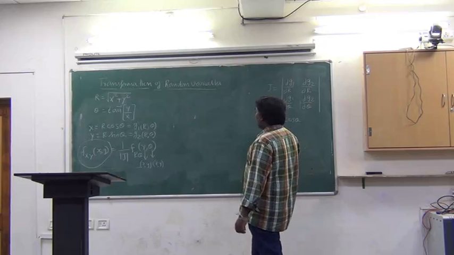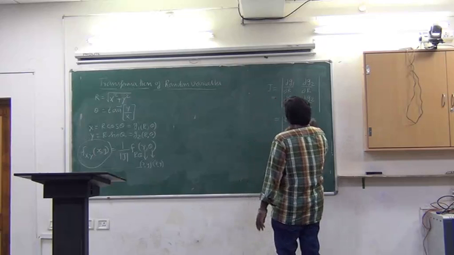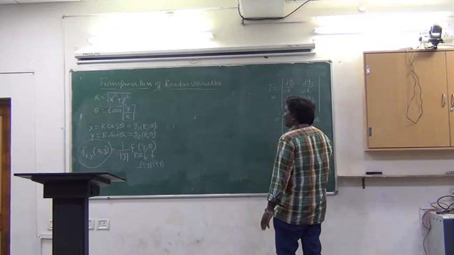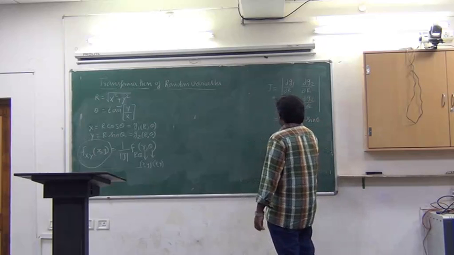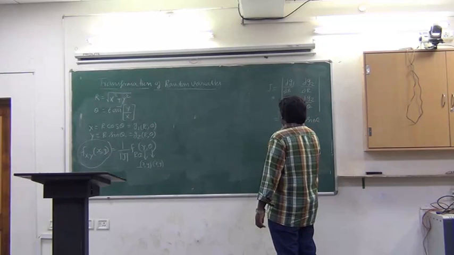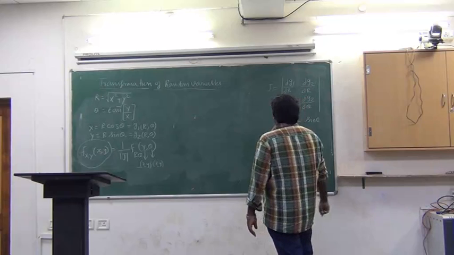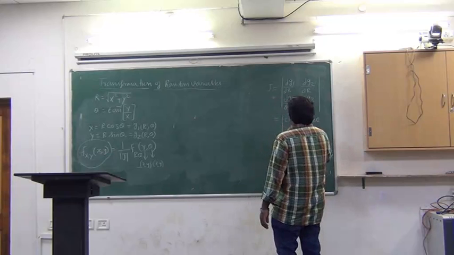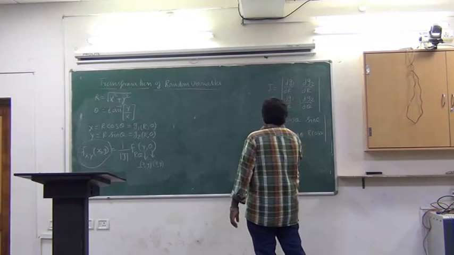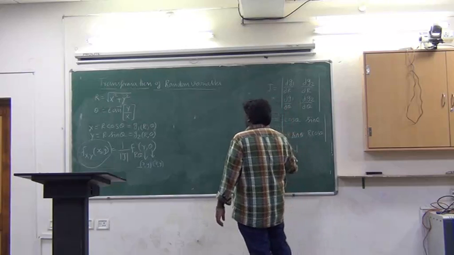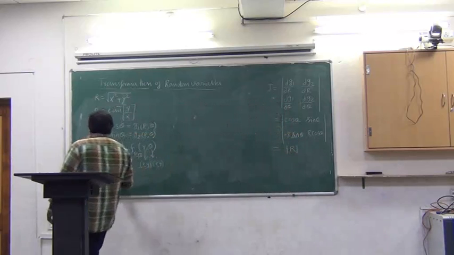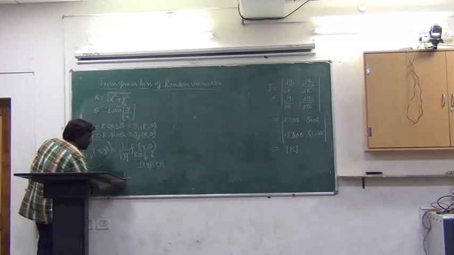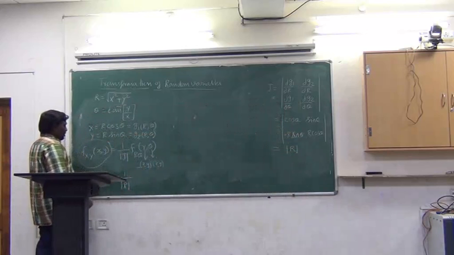Differentiating g2 with respect to r is sin theta. With reference to theta, g1 gives minus r sin theta, and g2 with reference to theta gives r cos theta. So this is going to be magnitude r here. So I write it here like this, 1 by r, right?